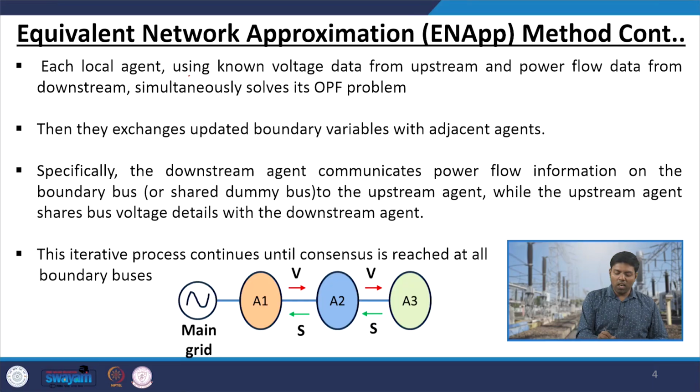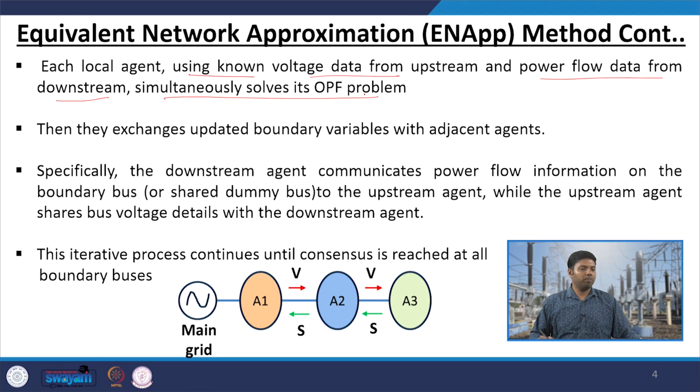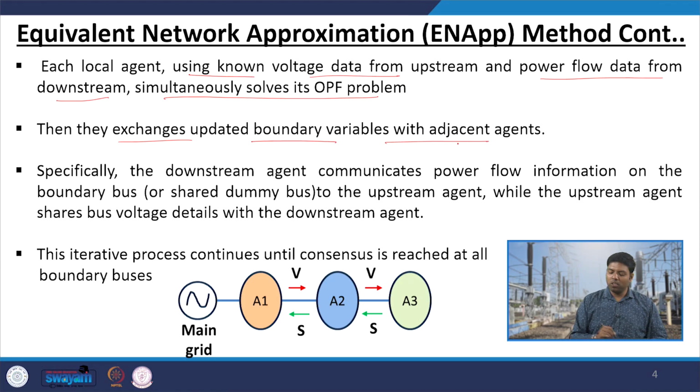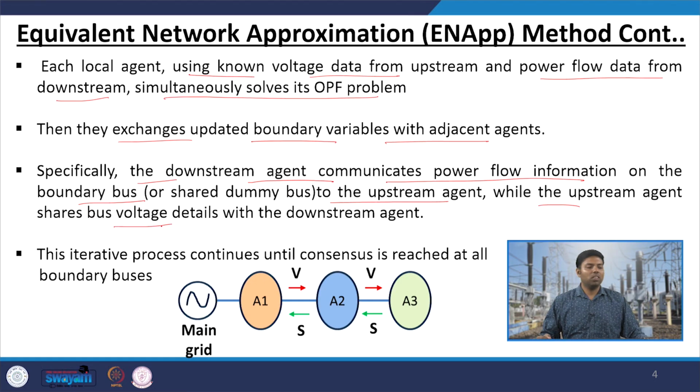Each local agent, using known voltage data from the upstream and power flow data from the downstream, simultaneously solves its OPF problem. Then they exchange the updated boundary variables with their adjacent agents. Specifically, the downstream agent communicates the power flow information on the boundary buses to the upstream agent, while the upstream agent shares the bus voltage details with the downstream agent.